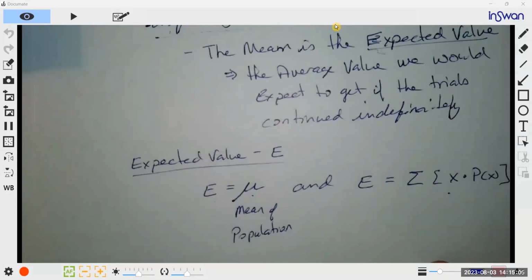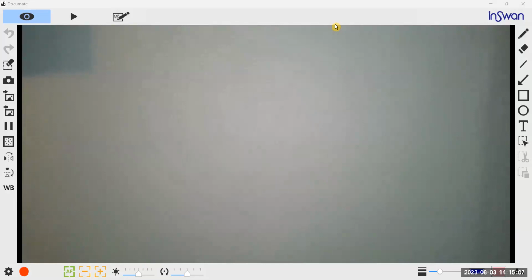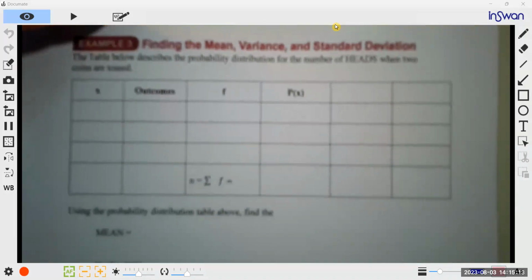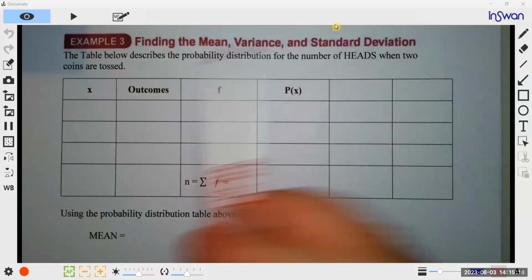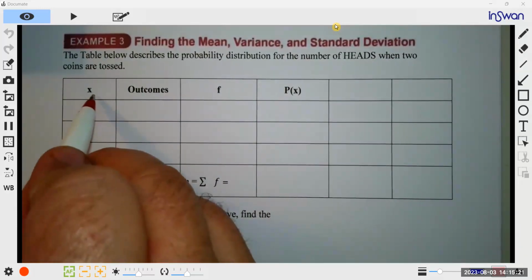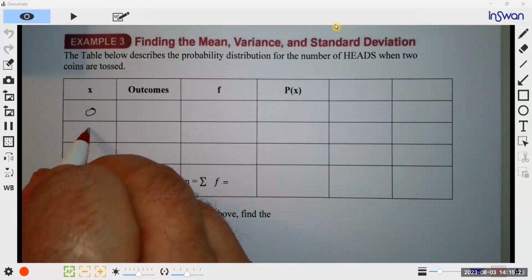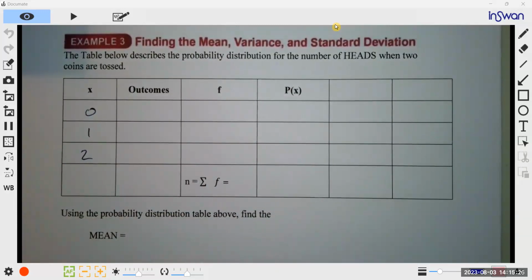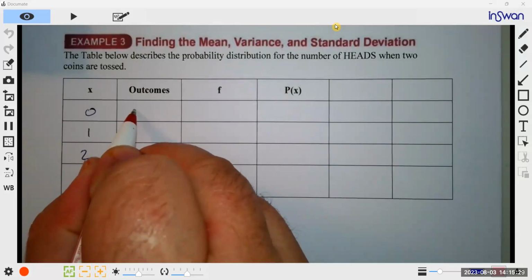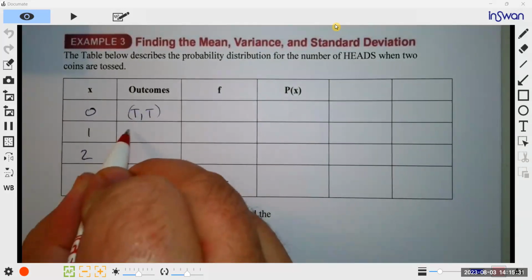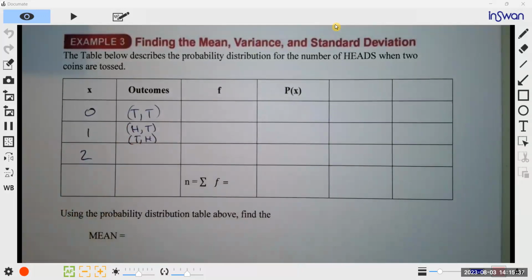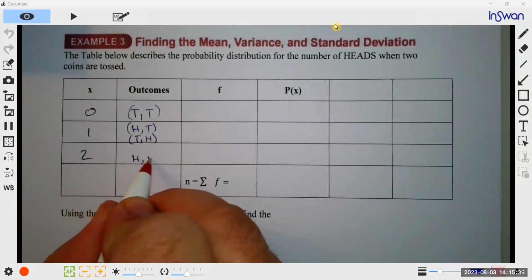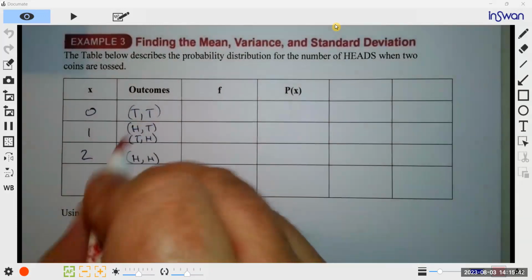All right, let's take an example here. The table below describes the probability distribution for the number of heads when tossing 2 coins. So we know that we can get no heads, 1 head, or 2 heads. The outcomes could be tails, tails; heads, tails; tails, heads; or heads, heads.